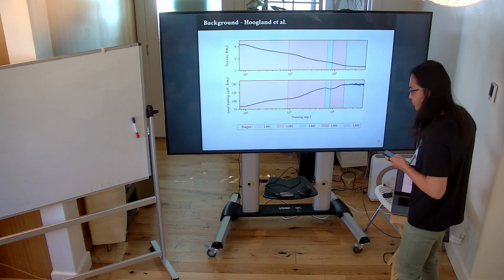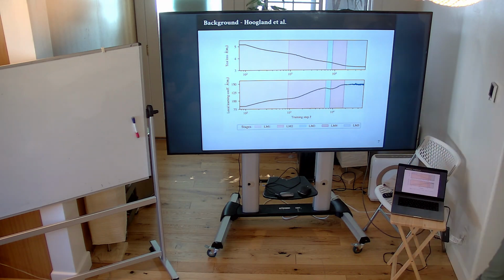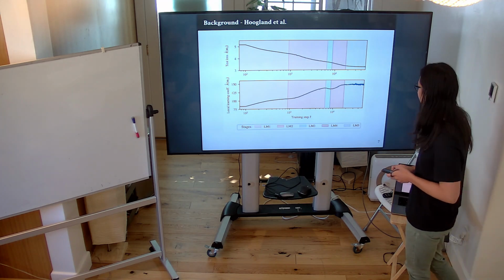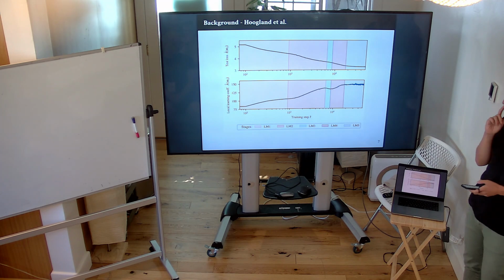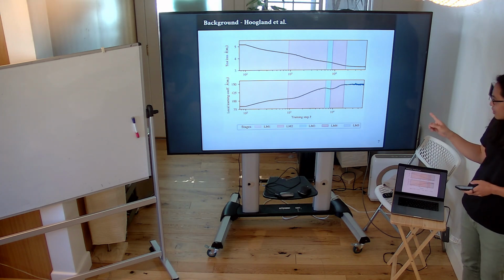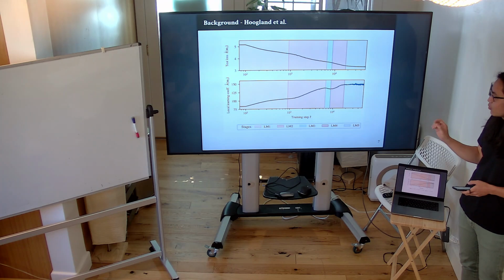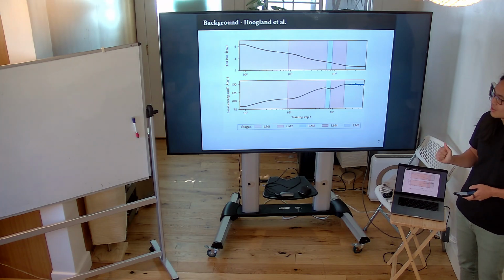Okay, can I ask something about the last stage of the fluctuation, is it just an artifact of the compression or is it something? I would say that it is something. Because it's on the log scale, right?